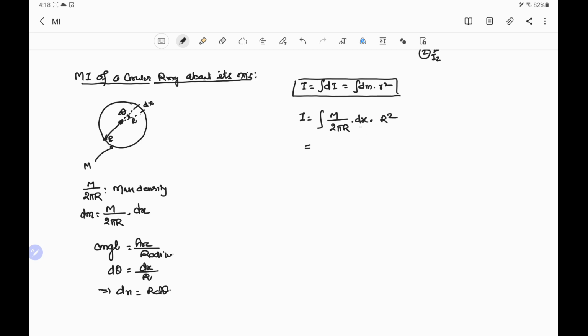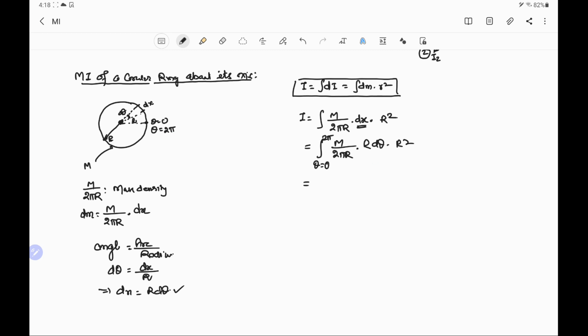And we have to replace this dx in terms of angle so that we can put the limit of integration. It becomes m upon 2 pi r into r d theta into r square. Now to complete this ring, we suppose we start from this point, that is theta equal to 0, and when we complete this ring, it covers angle 2 pi. That means we have to integrate from theta equal to 0 to 2 pi.